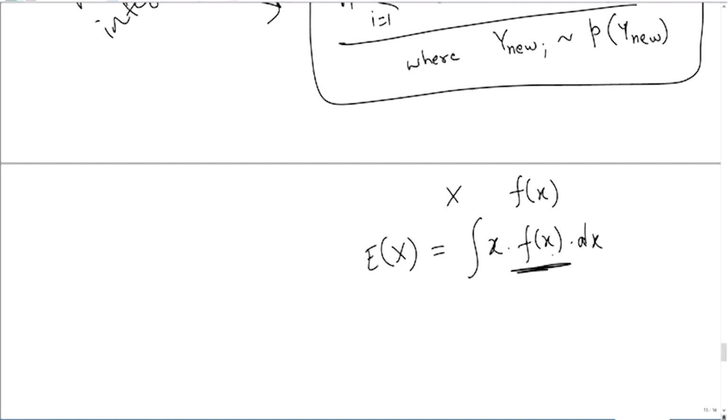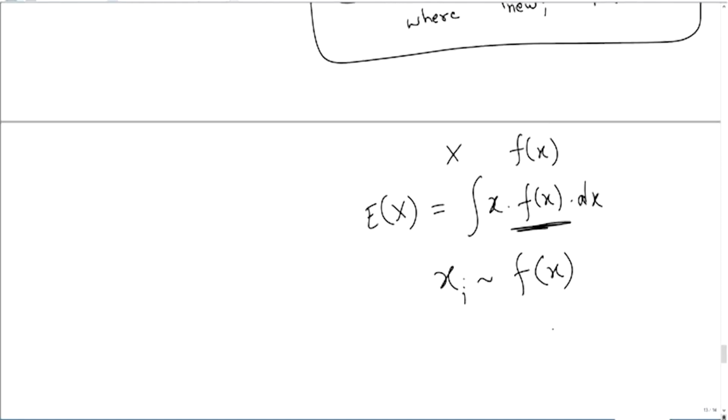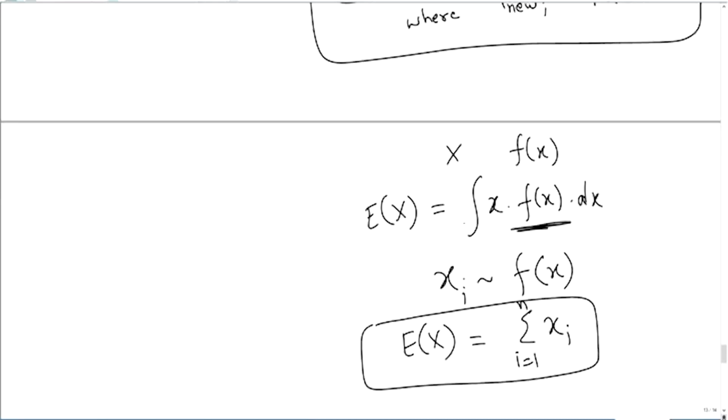Whenever we are in this situation, when you have a probability distribution, what we can do is sample a lot of values of x, let us say xi, from this probability distribution f of x, and for each value xi, we can take their average, using the summation of xi from i equal to 1 to n.